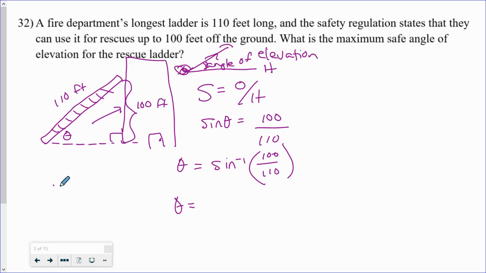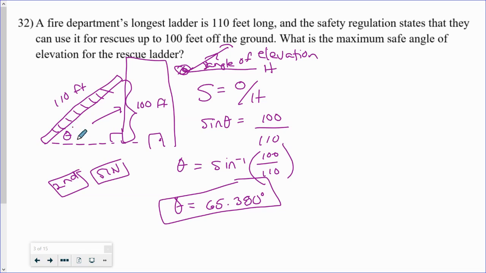Remember to use that second sine button. You get 65.380 degrees. And again, you might have rounded differently. That's fine. I didn't tell you. So that would be the maximum angle right there in order to get up to 100 feet.